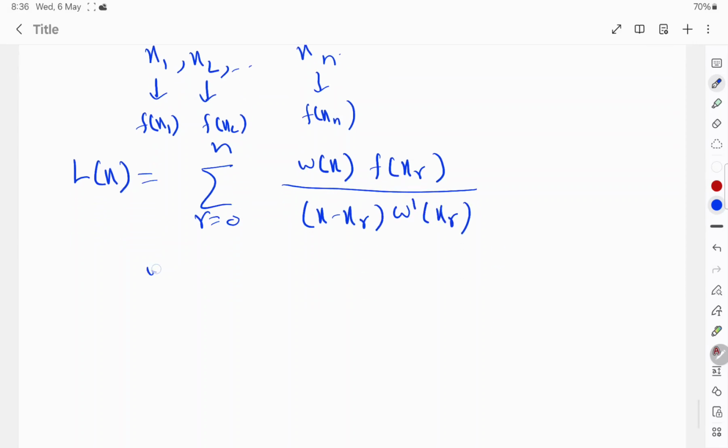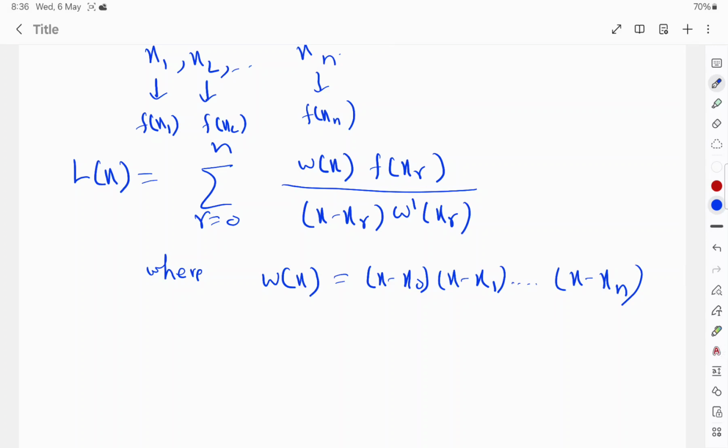Where w of x is x minus x0, x minus x1 up to x minus xn. Similarly, w dash x you can find, right? So you have the corresponding expression for your polynomial.